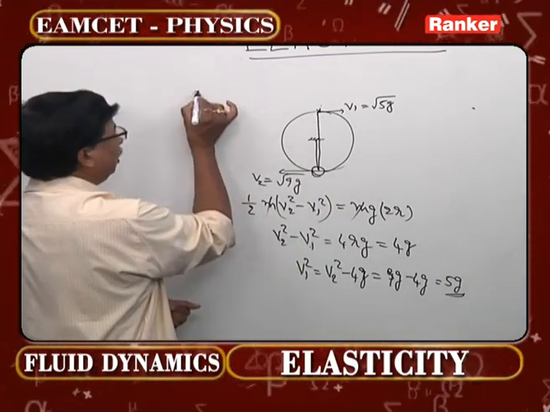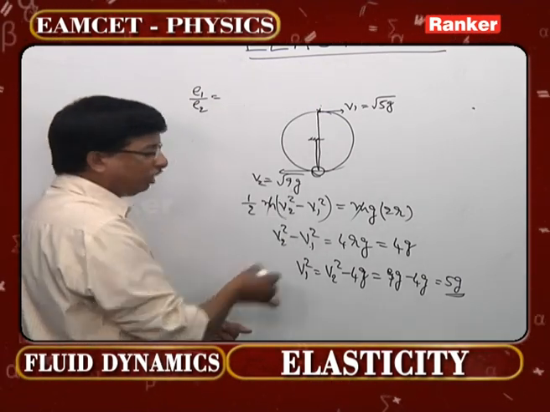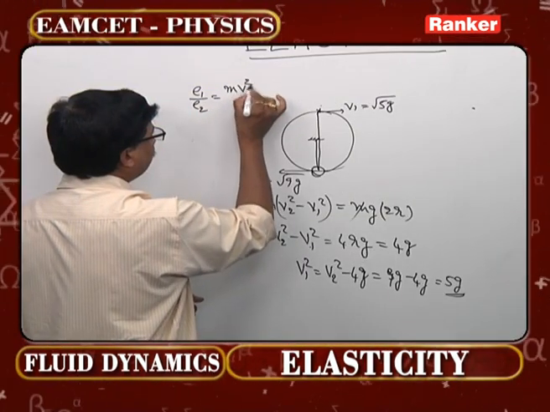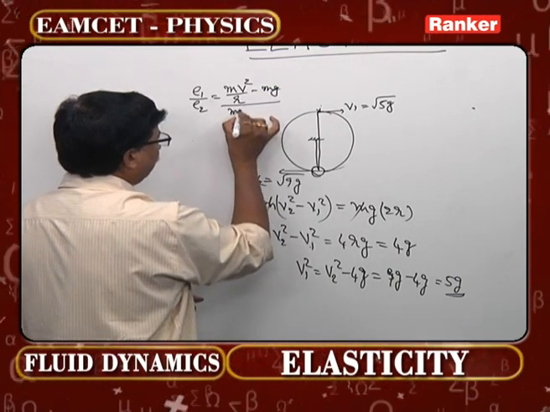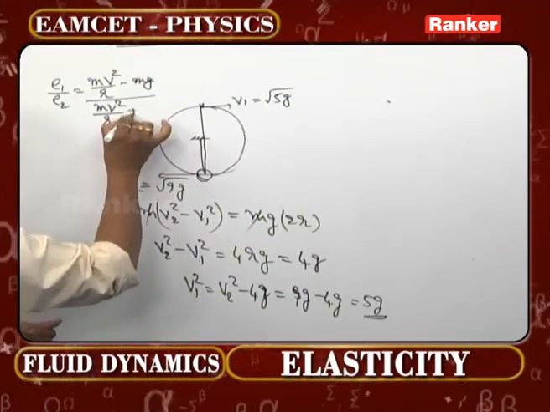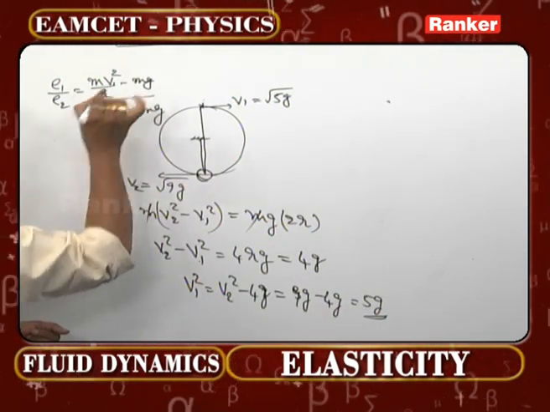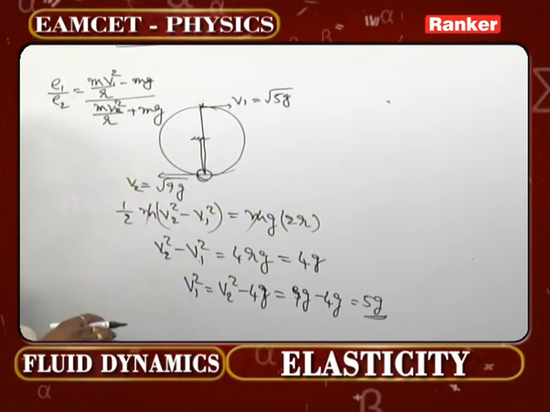What is the question now? Elongation at the highest point by elongation at the lowest point. Means what? You can understand mv square by r minus mg by mv square by r plus mg. This is the equation. Which v to be written here at the highest point means V1. Which v here you have to take at the lowest point means V2.